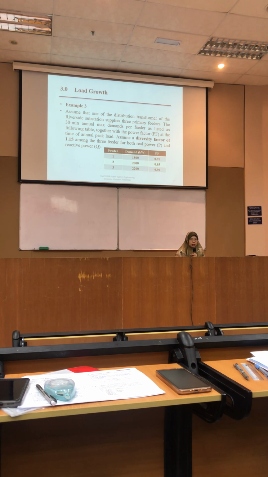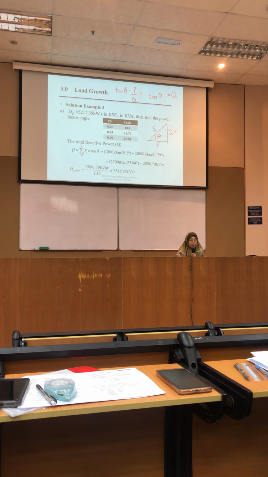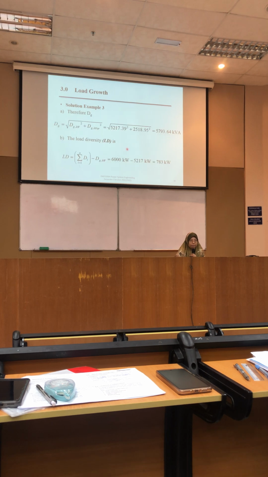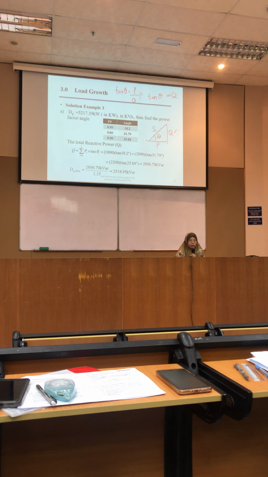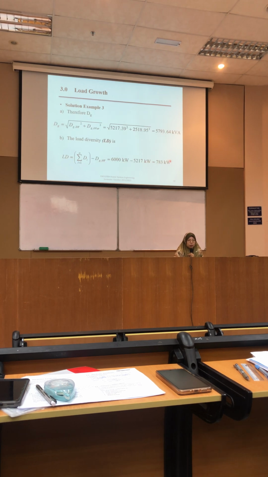So you got 6000 kilowatt connected to the one distribution transformer, minus the 5217 kilowatt that you have calculated, the annual maximum demand. So you have the load diversity of 783 kilowatt.